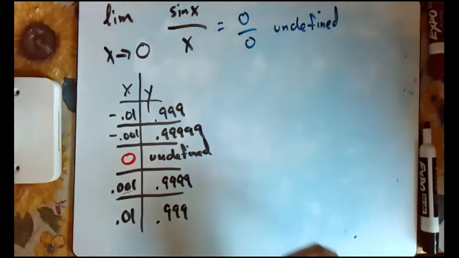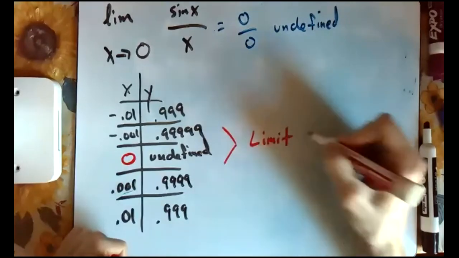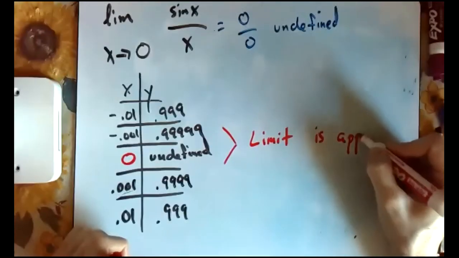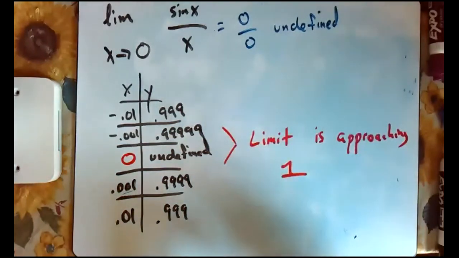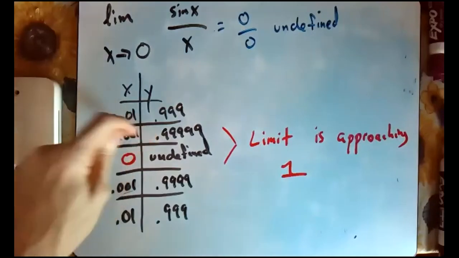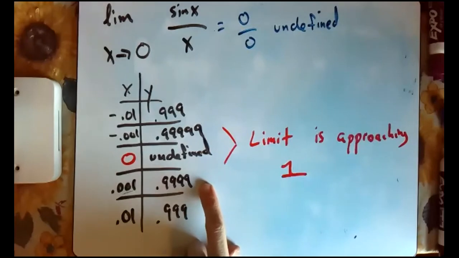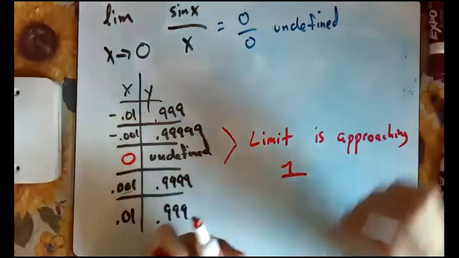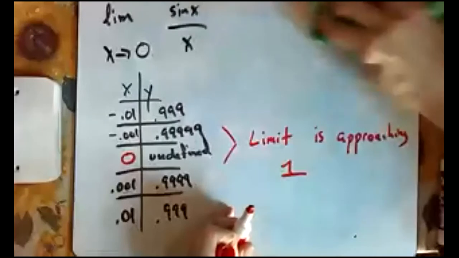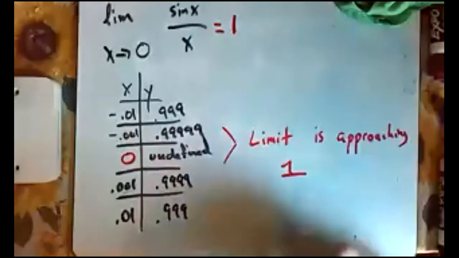The limit is approaching 1, because as you can see, the closer I get to 0 from the left side, it's approaching 1. The closer I get to 0 from the right side, it's getting closer to 1. So your limit is equal to 1 in this instance.